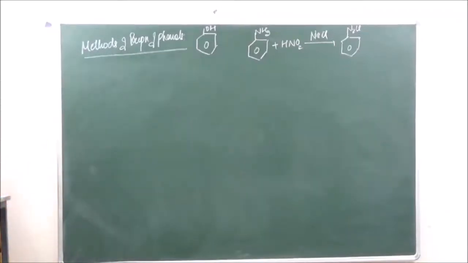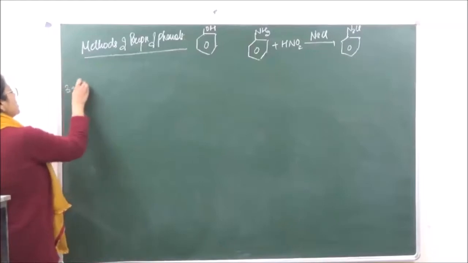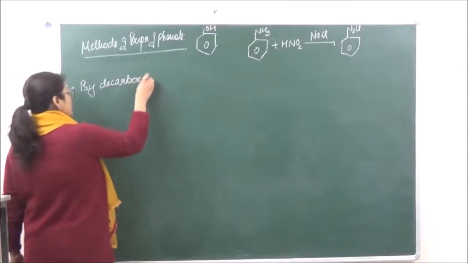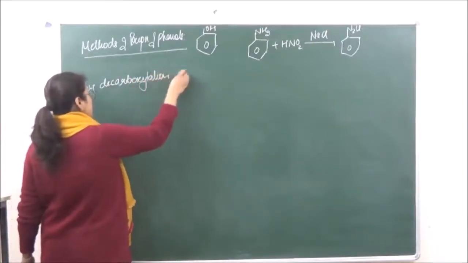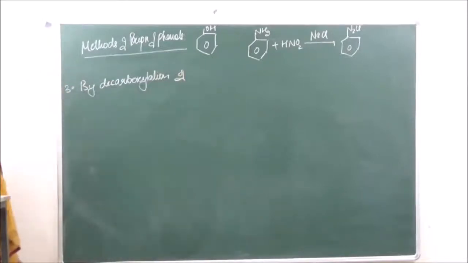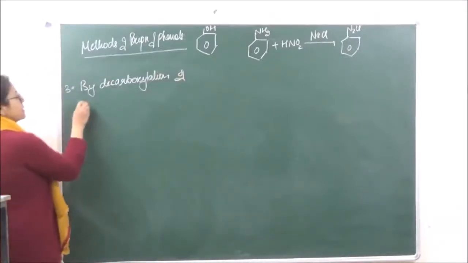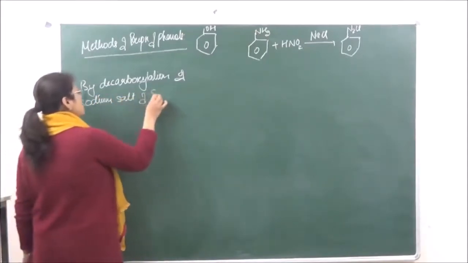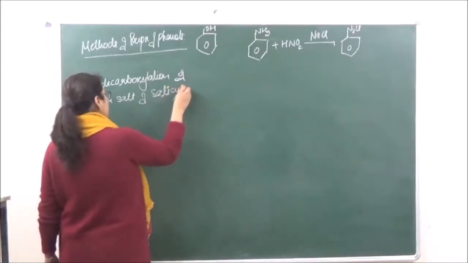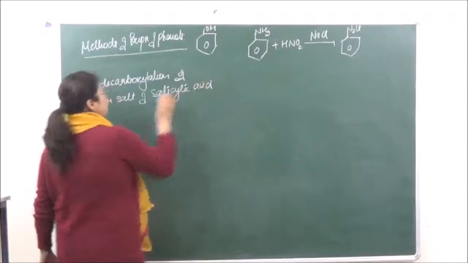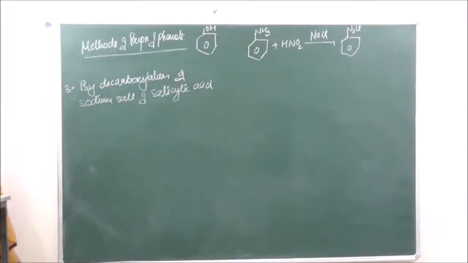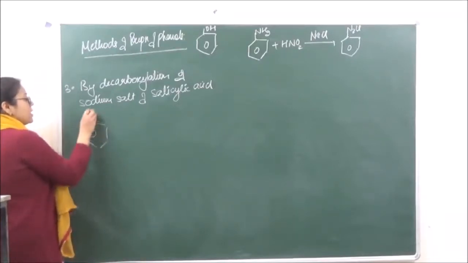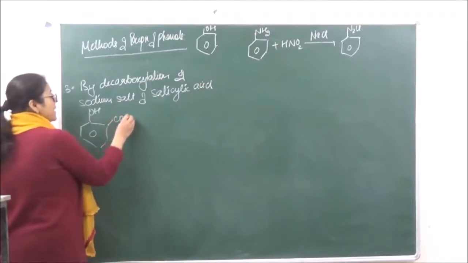Third method of preparation is by decarboxylation of the sodium salt of salicylic acid. Over here we are going to take the sodium salt of salicylic acid, which is known as sodium salicylate.